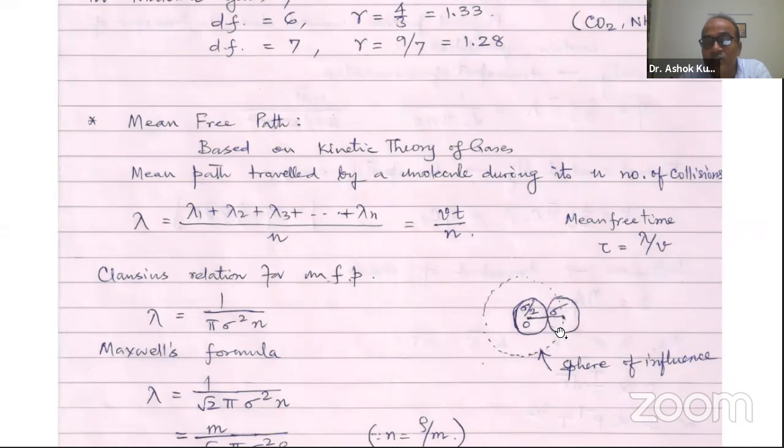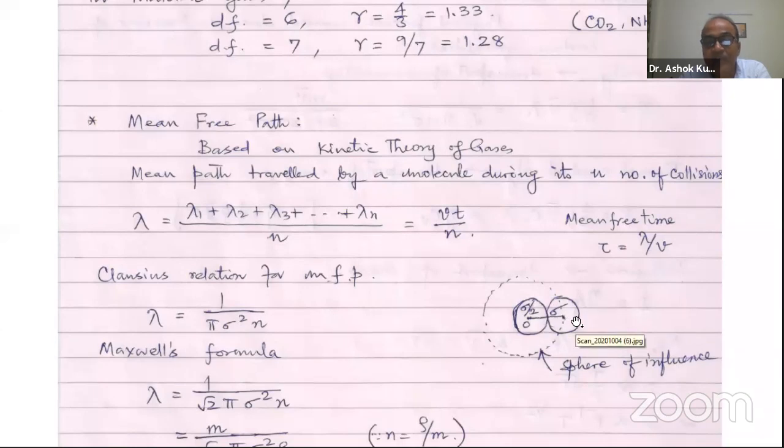If the diameter of the molecule is sigma, then the radius is sigma by 2. When they are touching each other, the distance between the two centers of the molecules would be sigma by 2 plus sigma by 2, which is equal to sigma.